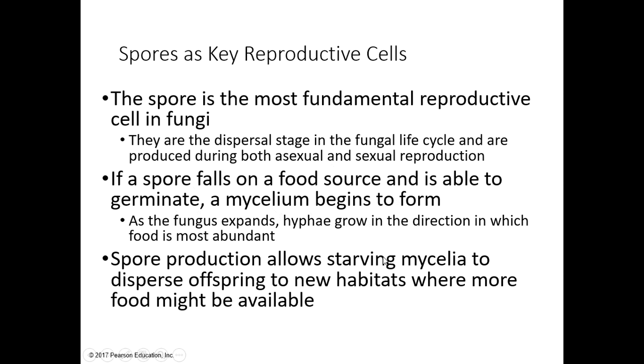Spore production allows starving mycelia to disperse offspring to new habitats where more food may be available. So this adaptation of the spore as the key reproductive cell is very important in the life cycle, which we'll see here, in the multiple ways in which these fungi can mate.